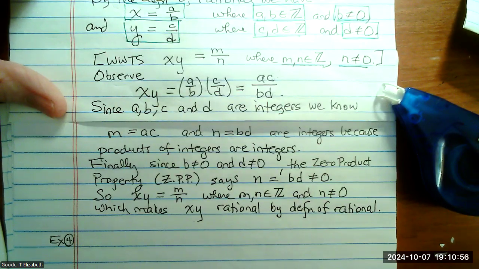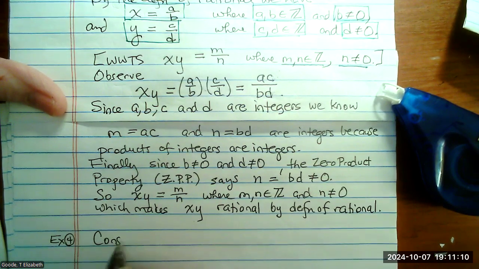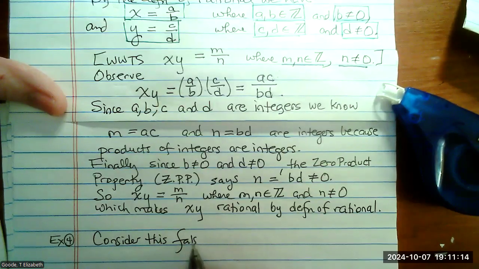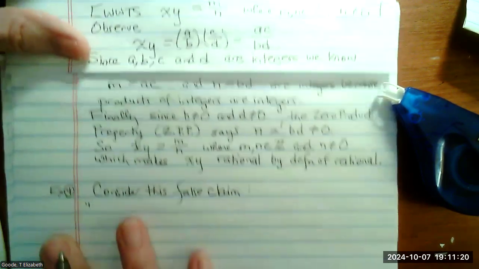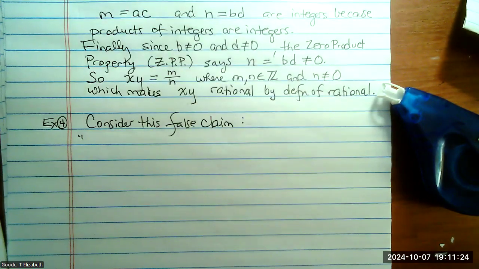All right, so we've just proven that every integer is rational, and we've proven the product of any two rational numbers is rational. Let's now practice a disproof, okay? Let's do a disproof. Consider this false claim. I'm going to write it as an if-then just to make our life a little easier.